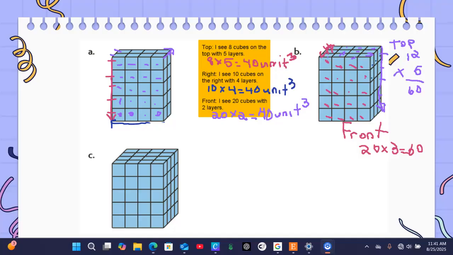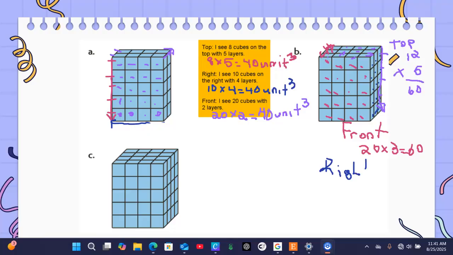1, 2, 3, 4, 5, 6, 7, 8, 9, 10, 11, 12, 13, 14, 15. So we have the right side, and that would be 15 times 4.